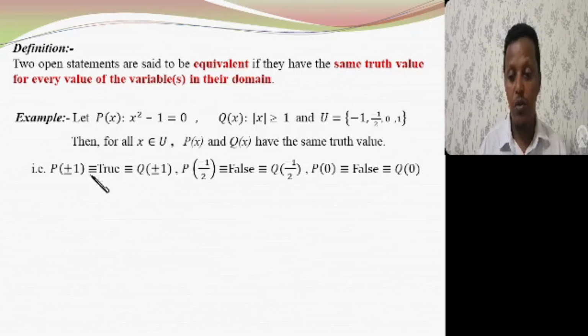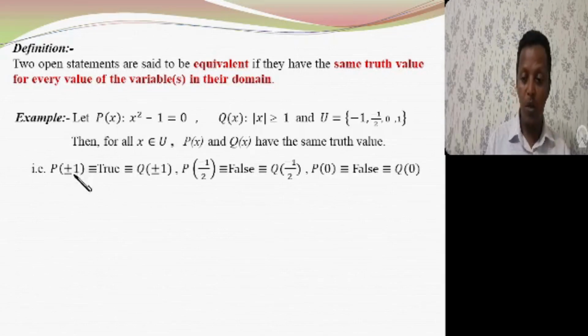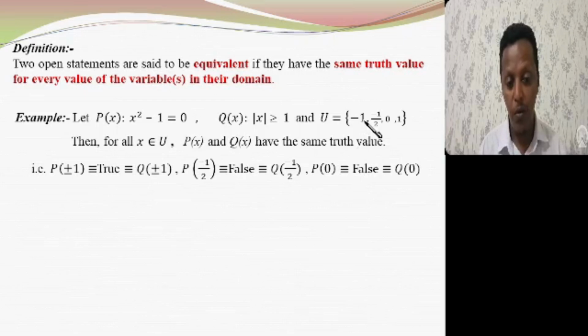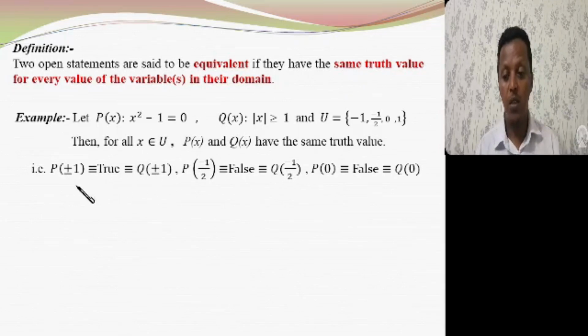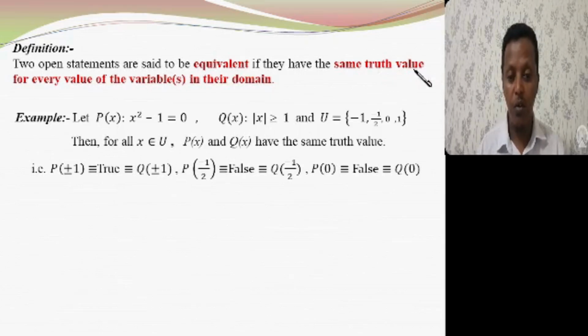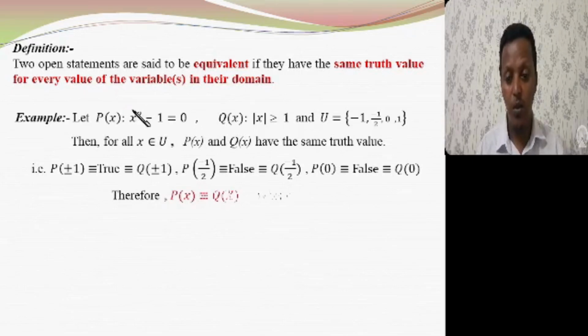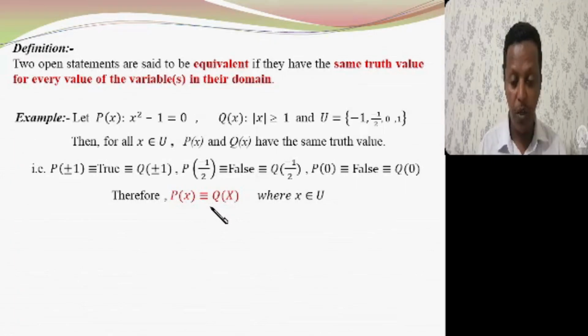It is true. So both P and Q have what? The same truth value for 1 as well as for minus 1. Similarly, P and Q have the same truth value for minus half and 0. So for every x from the domain, the two open statements P of x and Q of x have what? The same truth value. Because of that, the two open statements are what?